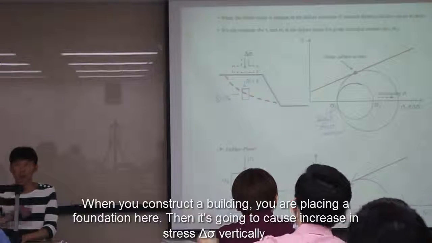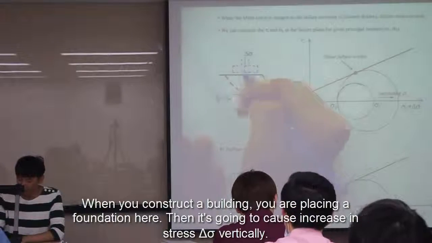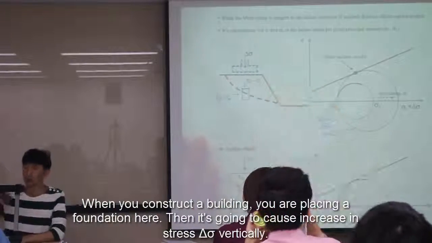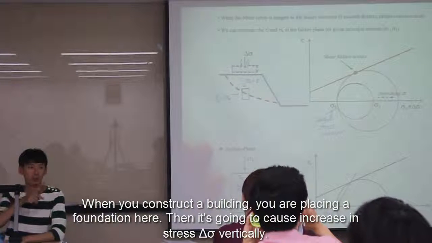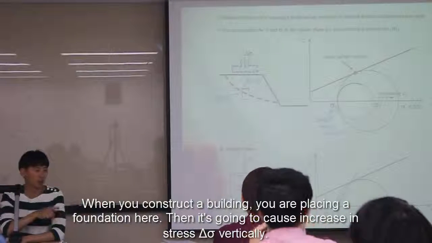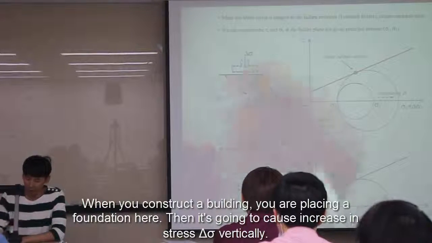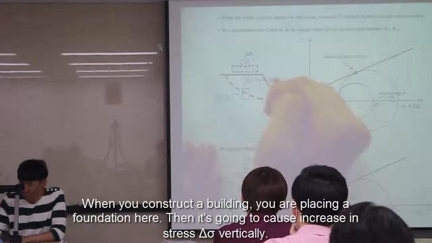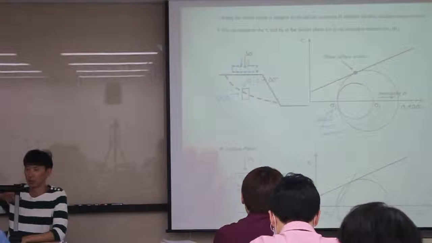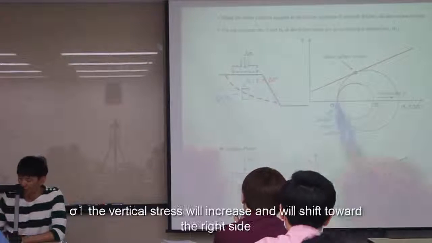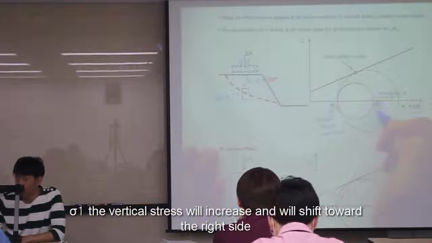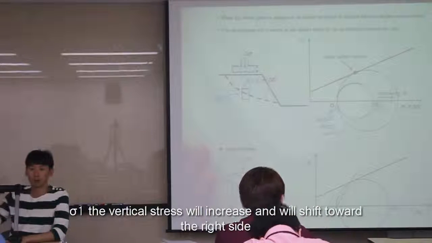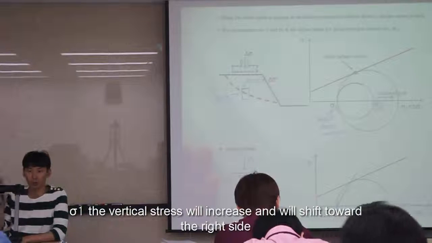And when you construct a building, so that you are creating a foundation here, it's going to cause an increase in stress, delta sigma. Then it may increase the vertical delta sigma more than the horizontal, so that sigma 1, the vertical stress, will increase and shift towards the right side, right?